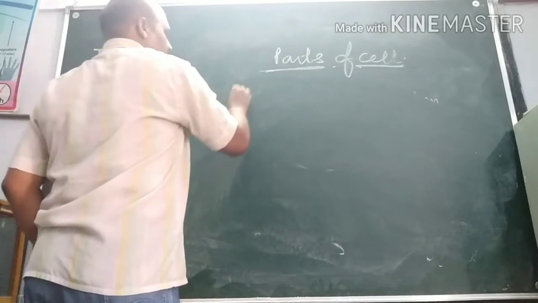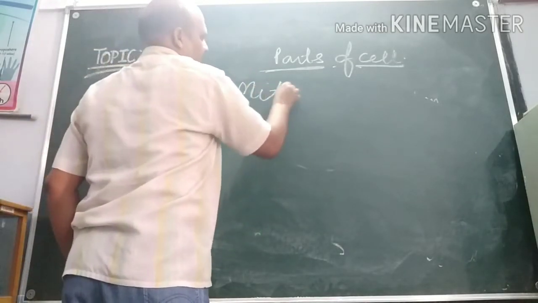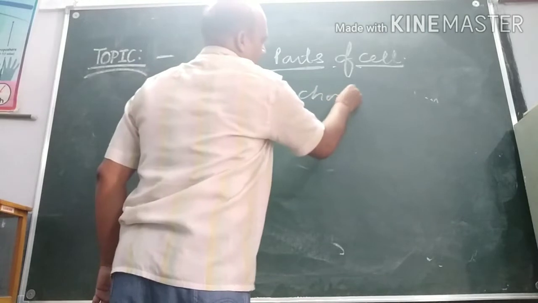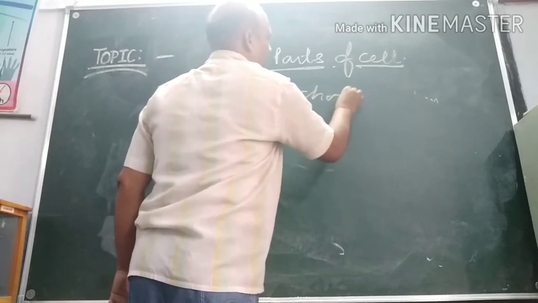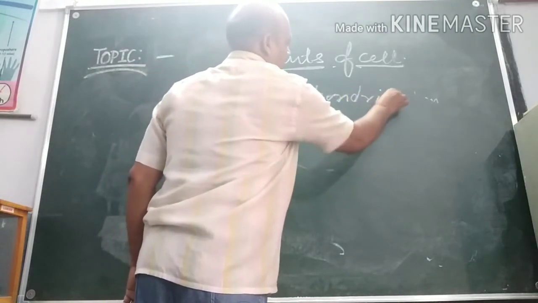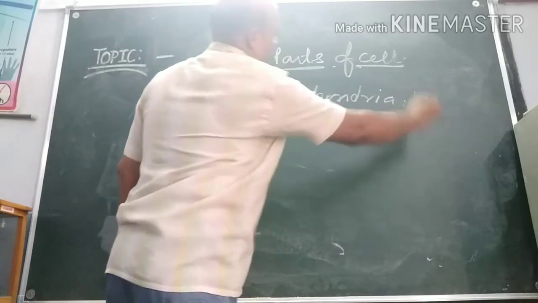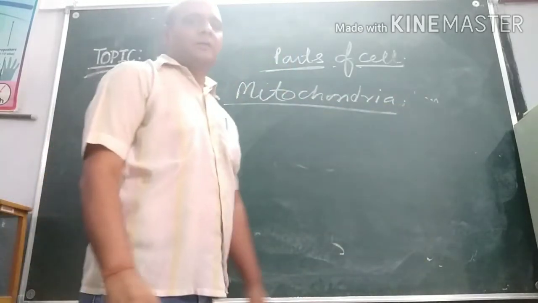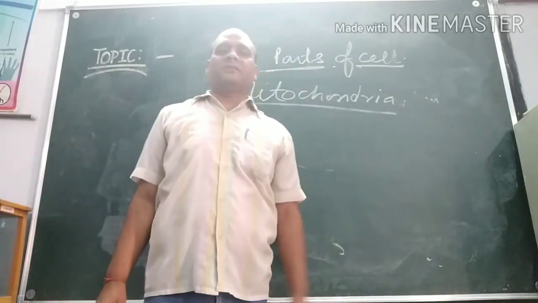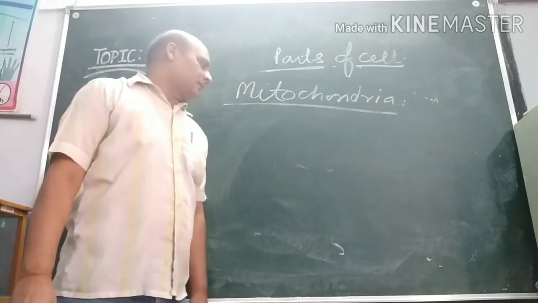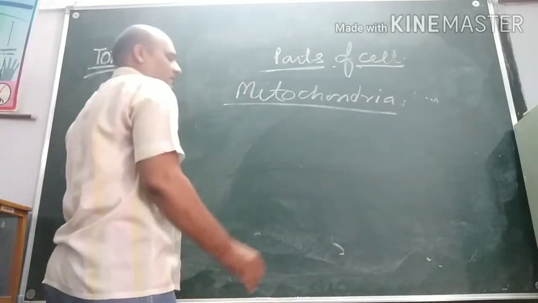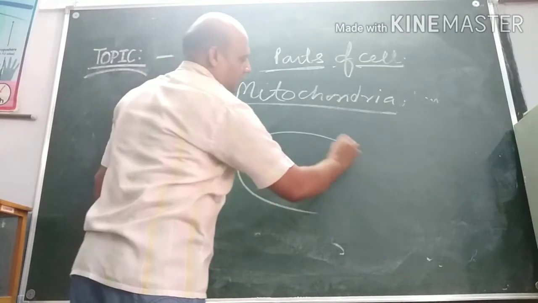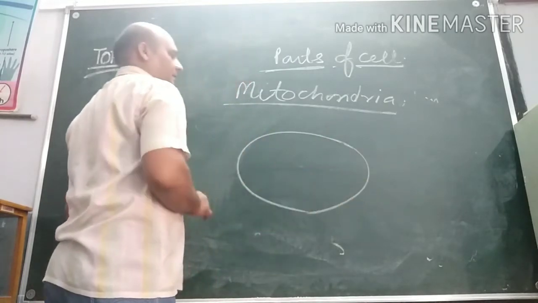Mitochondria. It is a rod-like or particle-like structure. It is composed of a double membrane, an outer membrane and an inner membrane.